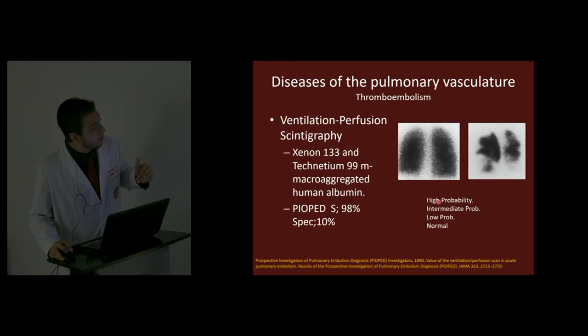You have to understand the conclusions this type of study gives us: high probability, intermediate probability, or low probability of acute pulmonary thromboembolism. It cannot specifically conclude that they have it. It just talks about probabilities.